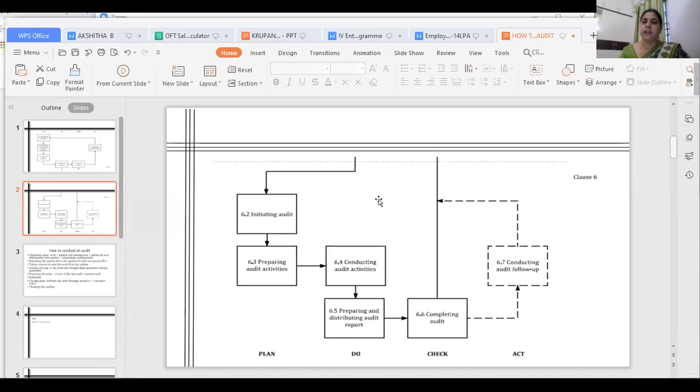Then your audit head or quality head will check the completed report and analyze whether this audit requires a follow-up or not. Sometimes we find audits which really require a follow-up. Maybe after a week, after a month, we require the follow-up.